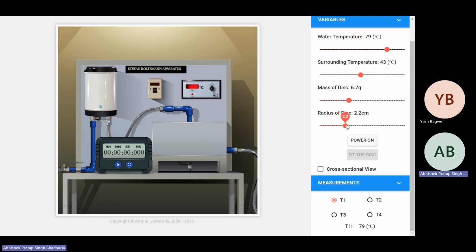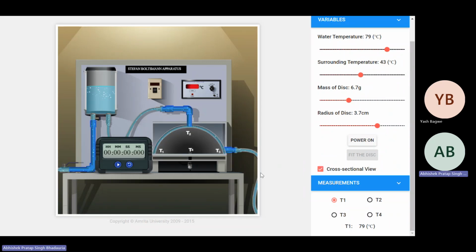The radius of the disk is, suppose, 3.7 centimeter. Click on cross sectional view, so we can see the cross sectional view of this.